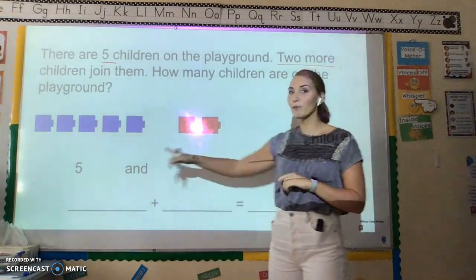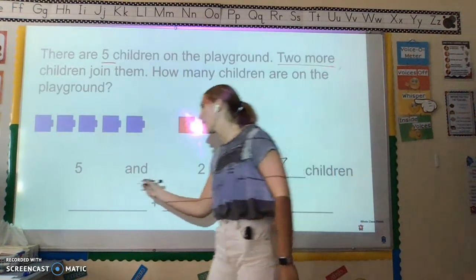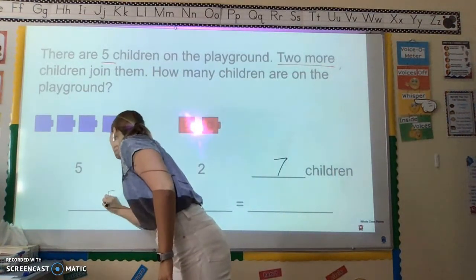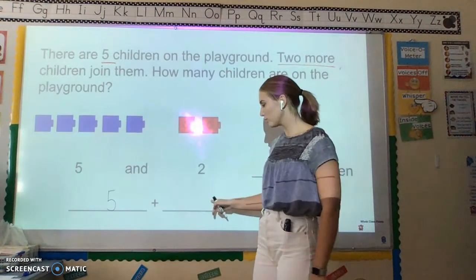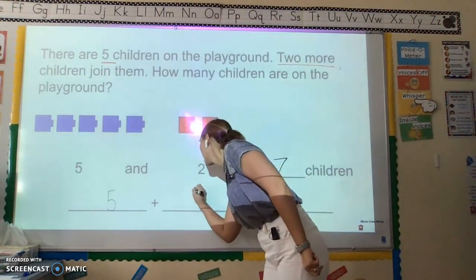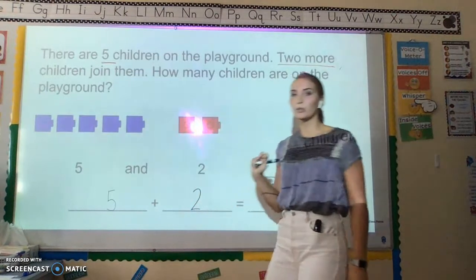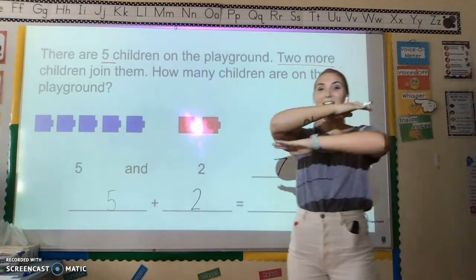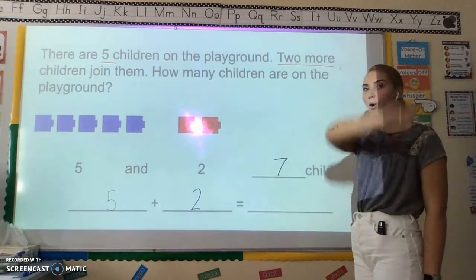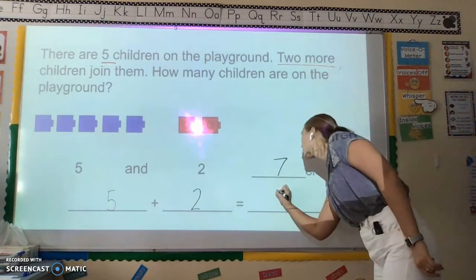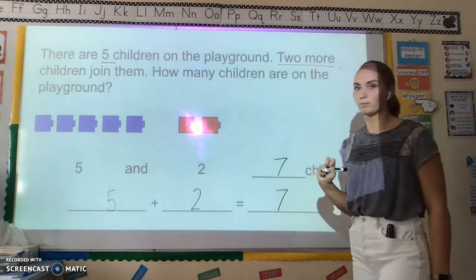You take your first part, 5. You add it to your second part. For this problem, it's 2. And then it is equal to your whole. So in this example, it is 7.